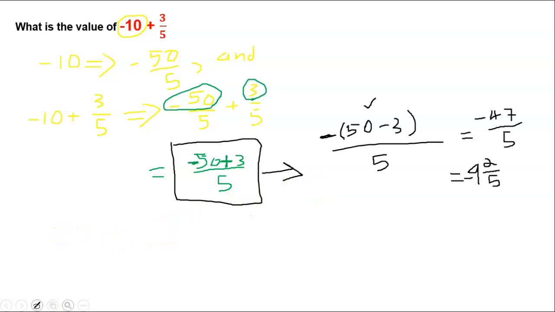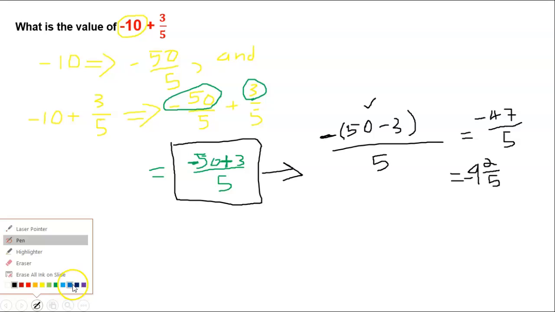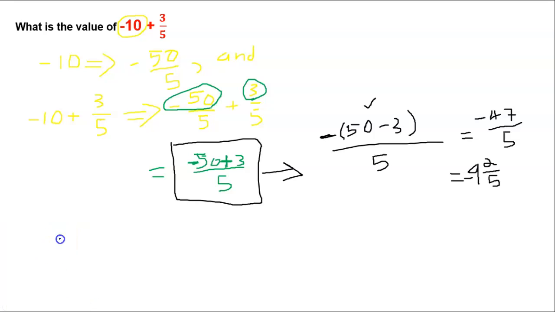So therefore, let me use a different color ink. Therefore, negative 10 plus 3 over 5 equals negative 9 and 2 over 5.